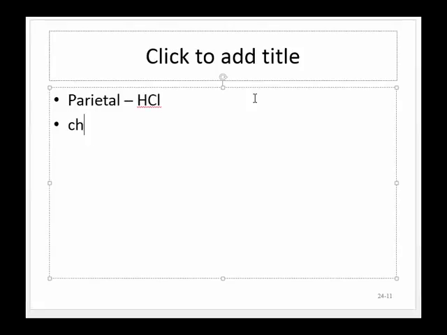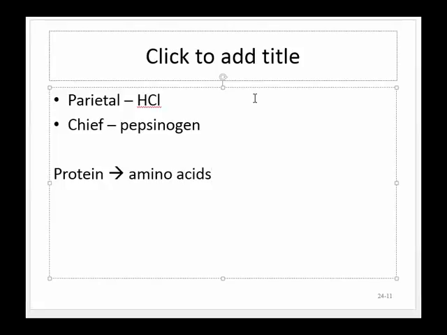We have chief cells that produce pepsinogen. Now, when we have a protein, proteins get broken down into amino acids. This is a review from our chemistry unit a long time ago. In order to break down a protein into amino acids, there's another protein or enzyme that's needed called pepsin.